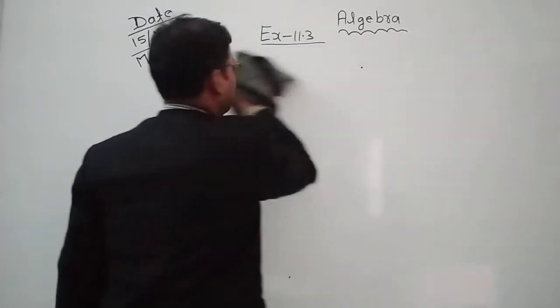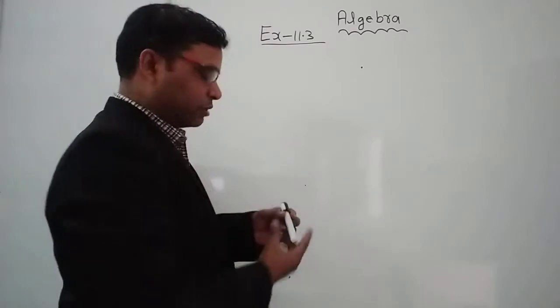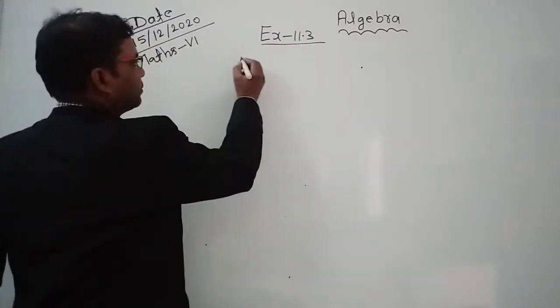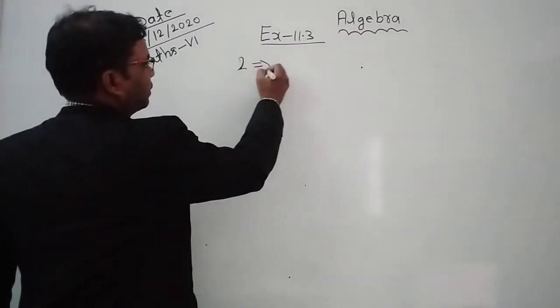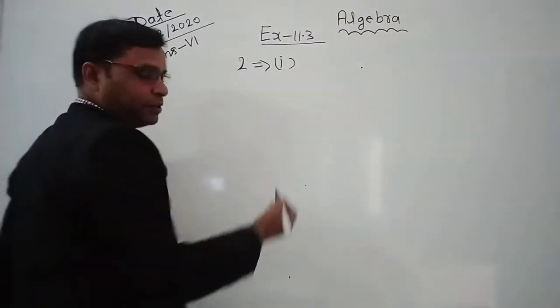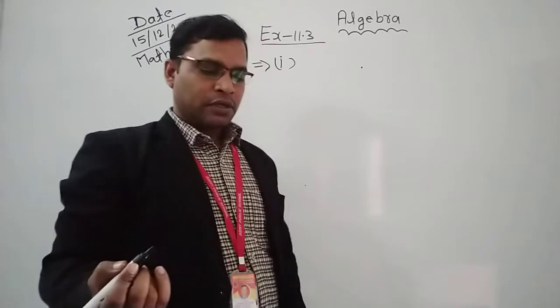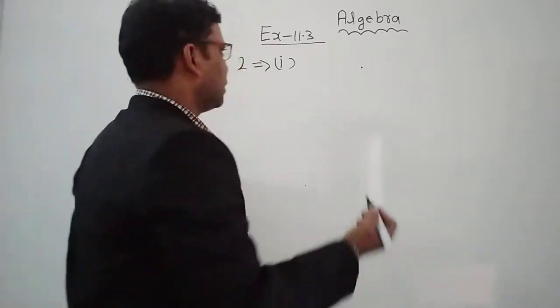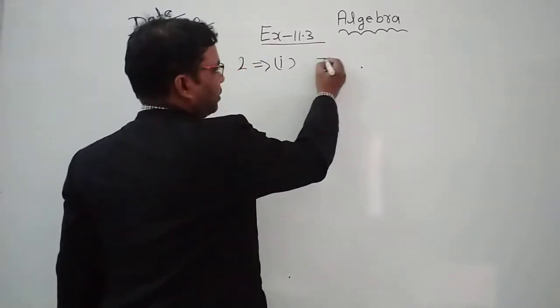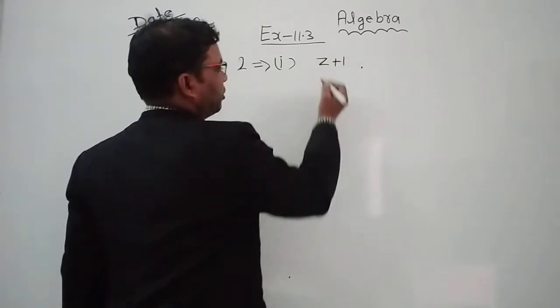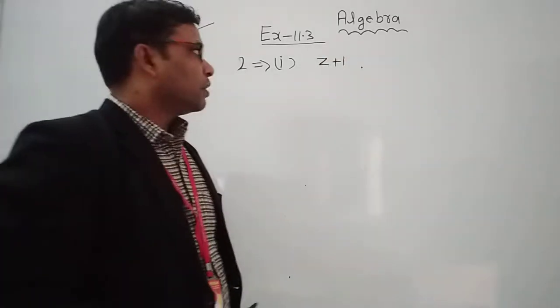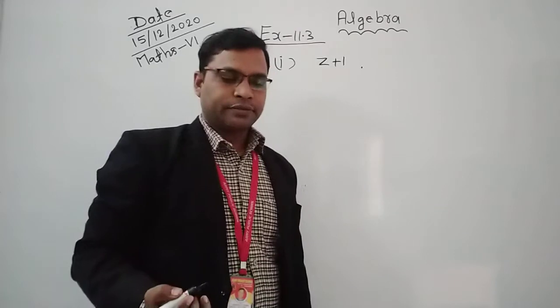So here, this is question number 2. In question number 2, the first part is given: z plus 1. So which operation is used here?